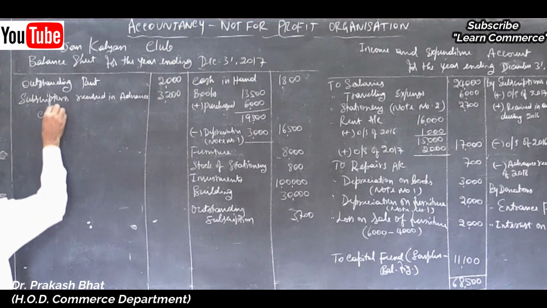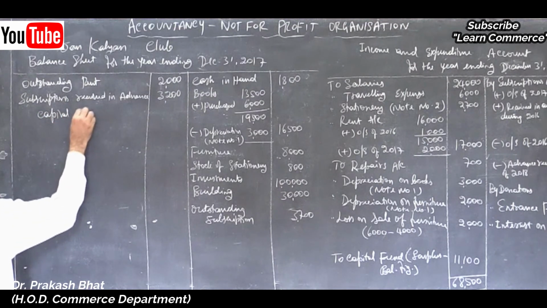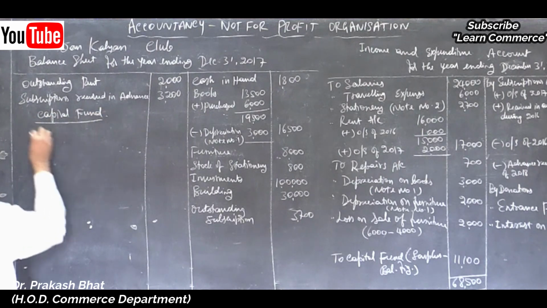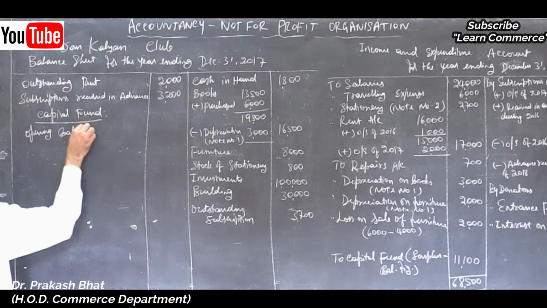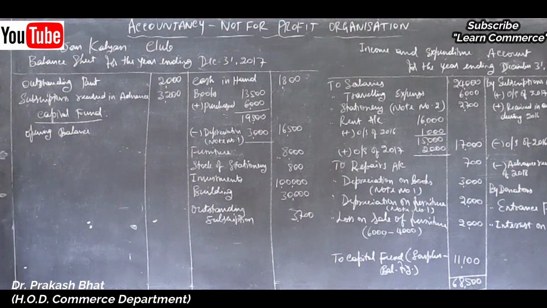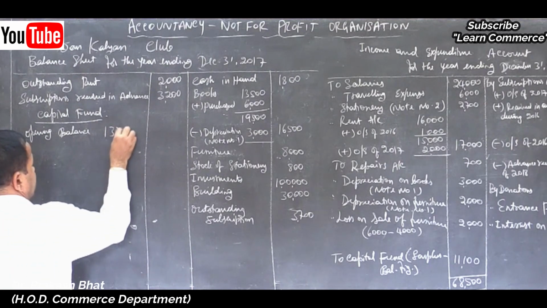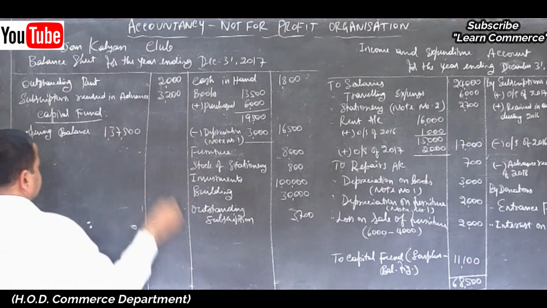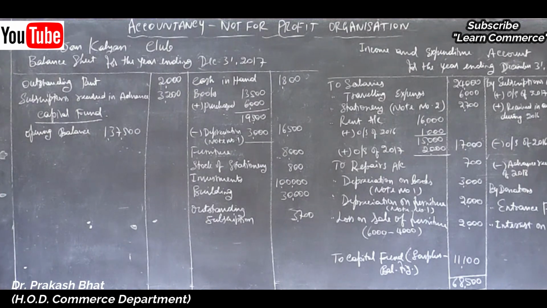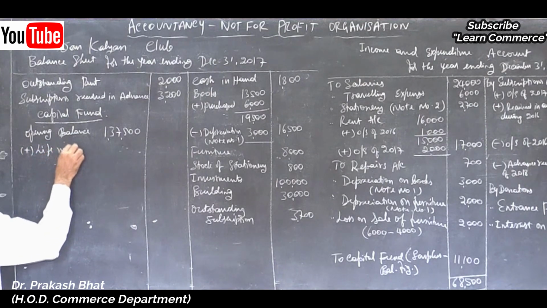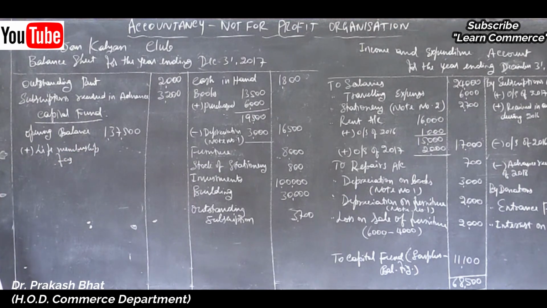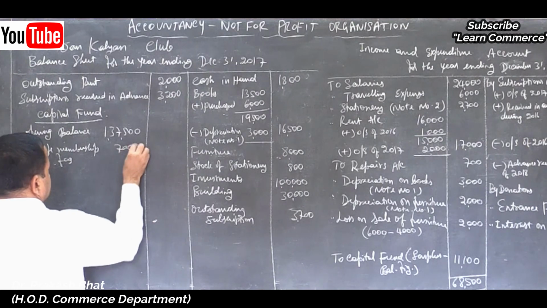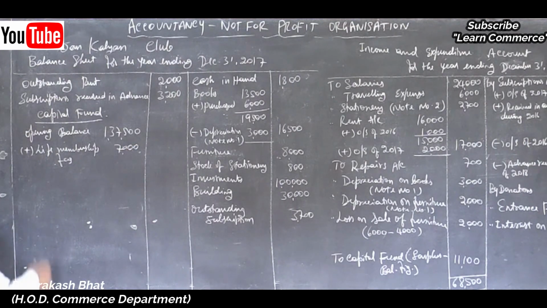Move on to the last part, capital fund. Under that, opening balance. Write the balance by referring to your opening balance sheet. 1,37,500. Add life membership fees, how much? 7,000. Then add surplus.